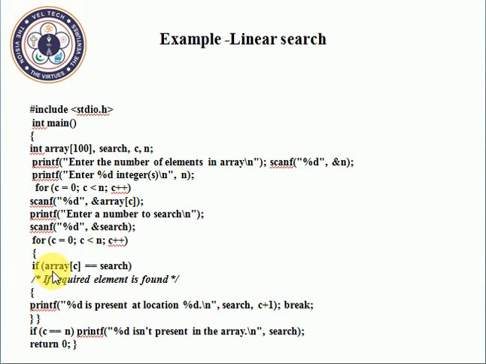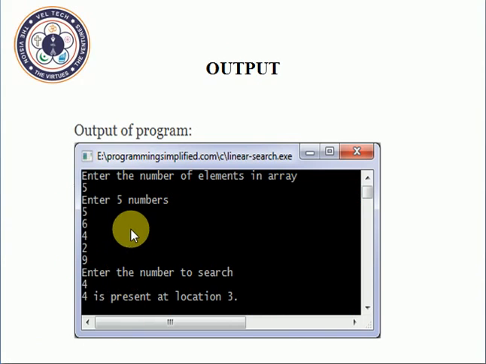If array of c is equal to search, that is, if my search value is equal to a stored value, then my output will say that the value is present at that location. And if the search element does not match the stored element, then my output will be that it's not present in the array.